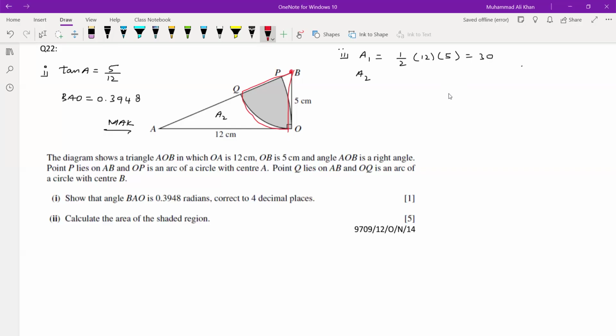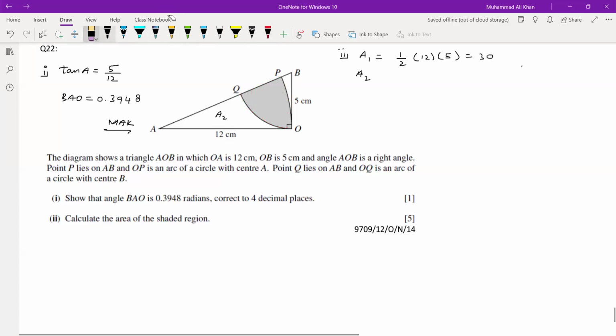From the triangle, if we subtract this sector, then we'll get area 2. Simple. Right?